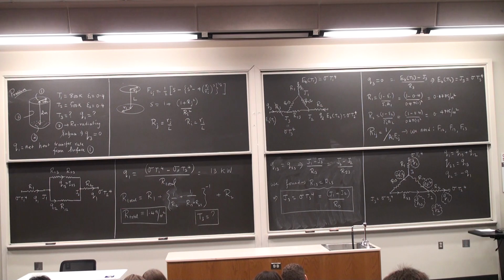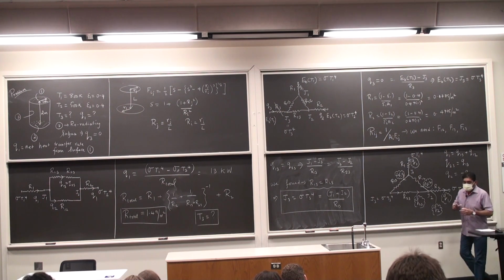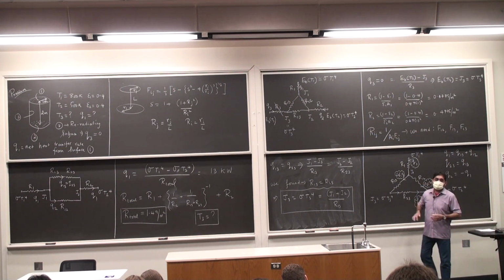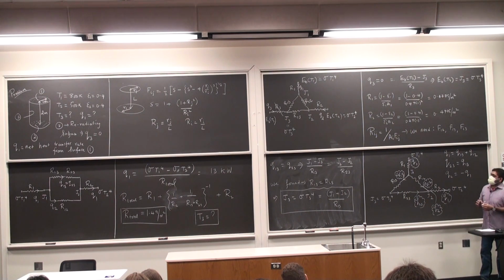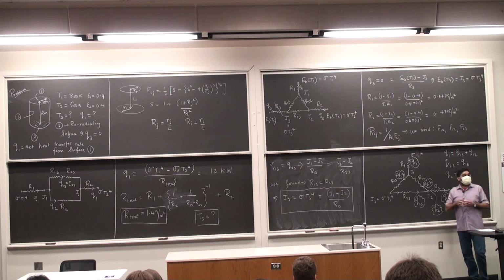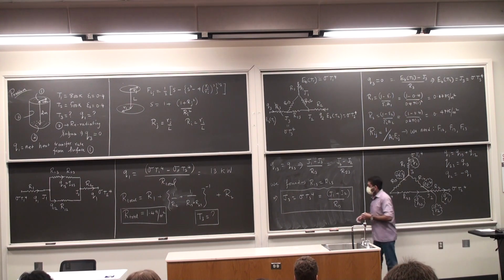Does this make sense to everybody? Once again, multiple ways to solve this. This is just one particular way. Okay? Which means that to find T3, I need J1 and J2. Right? So how do I find J1 and J2?